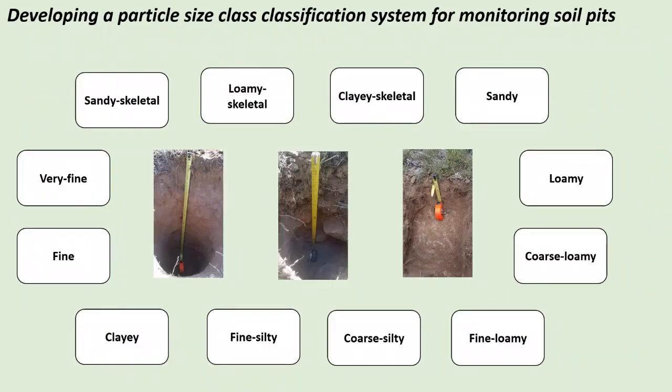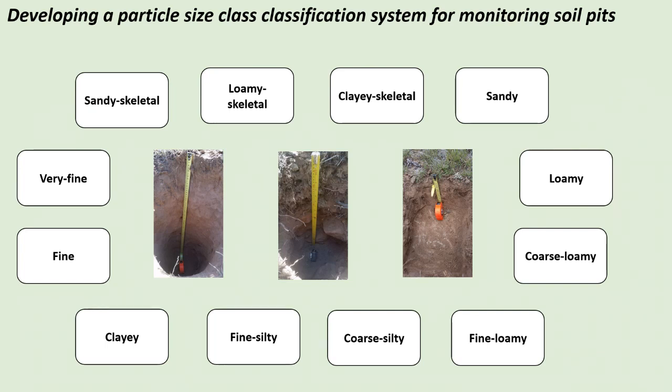I'm also working on a modified particle size class classification for the monitoring soil data. So particle size classes are broader groups of soil textural and other properties that can provide insight, particularly into how water is interacting in a particular soil. And just another way of looking at these soil pits.